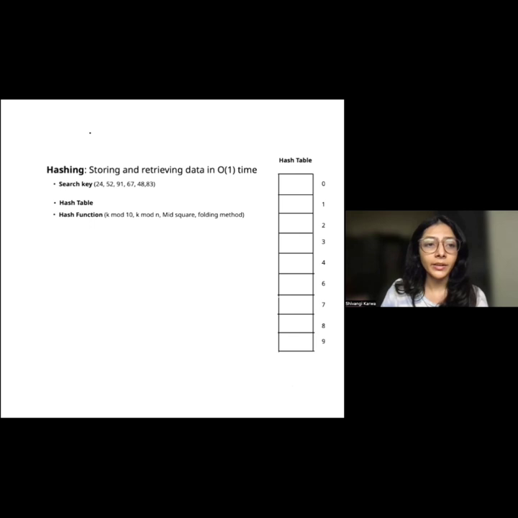Let's get started with the k mod 10 function. Here k represents nothing but the key. Let's take an example, the first key that we have here is 24. If we do 24 mod 10, where mod is the modulus function, we will get an answer of 4.